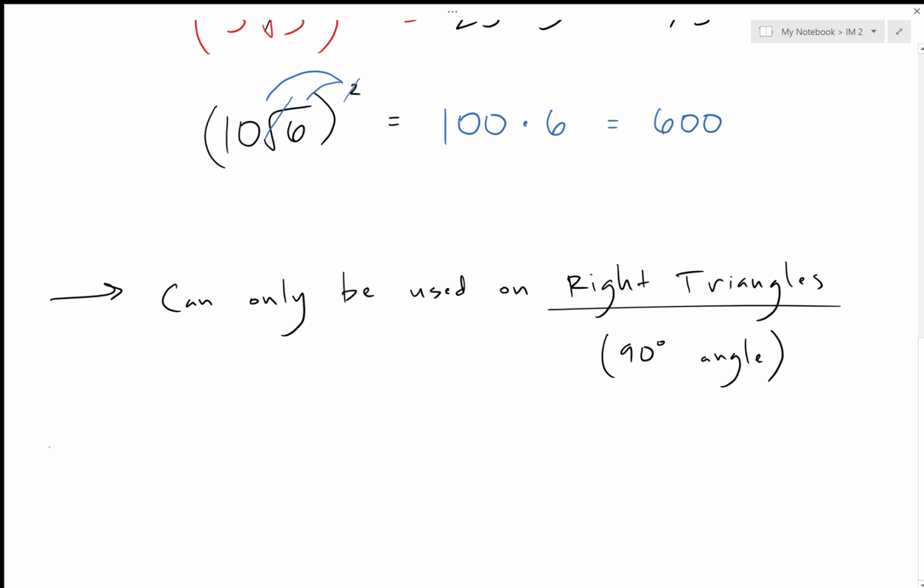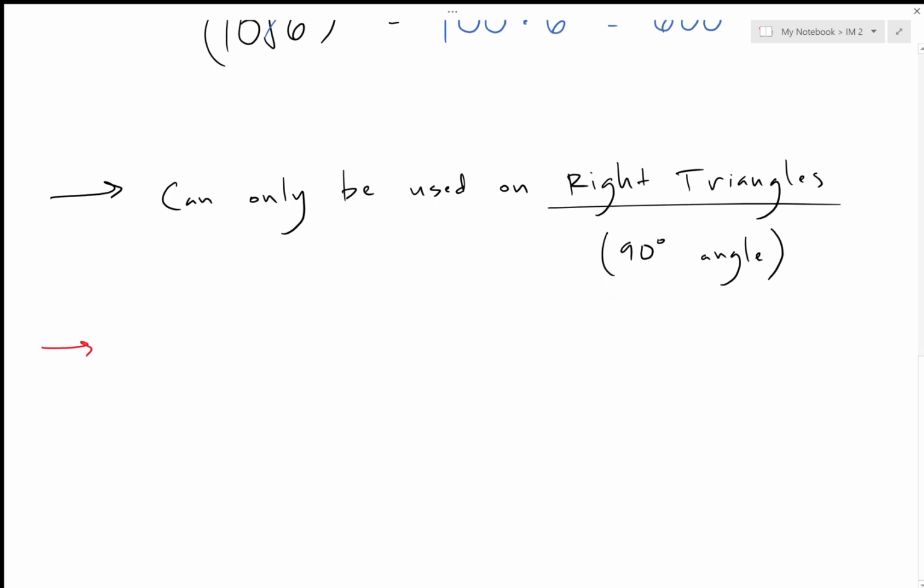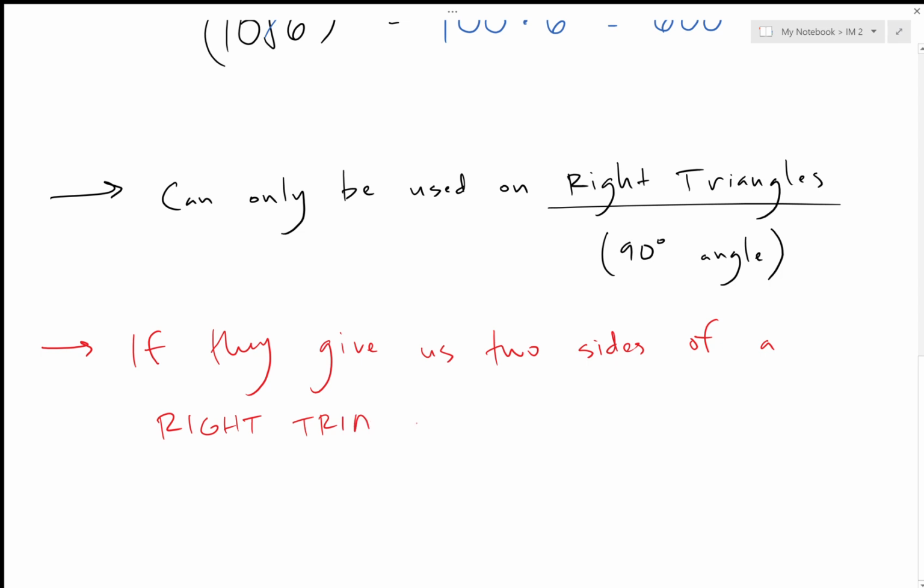What it's actually used for, and hopefully this isn't something too new to you, if they give us 2 sides of a right triangle, we can use this Pythagorean theorem to find the third.